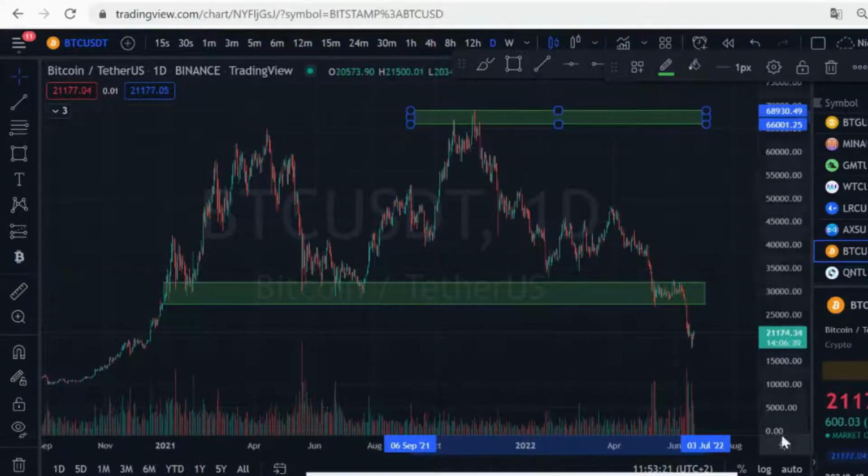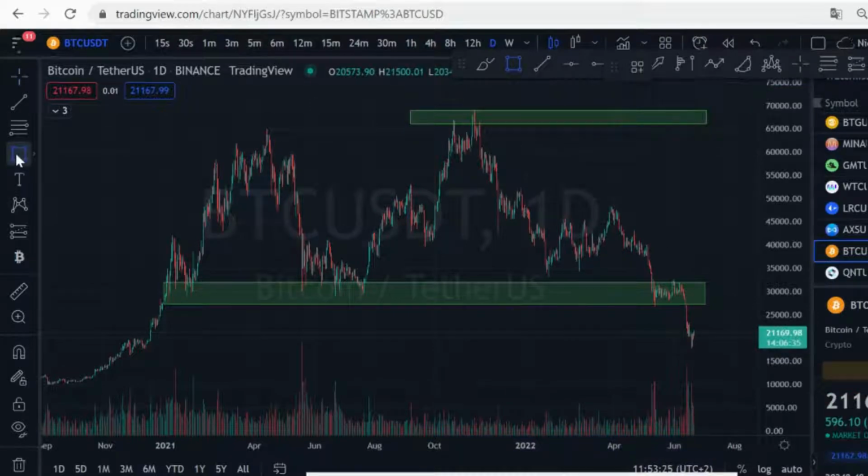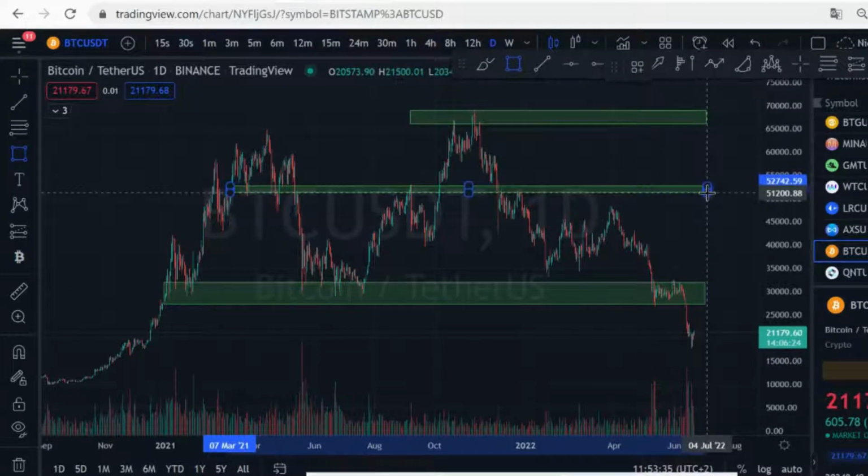Right now we are trading at around 21k. So the next thing is here in this middle range at around the 50k area.